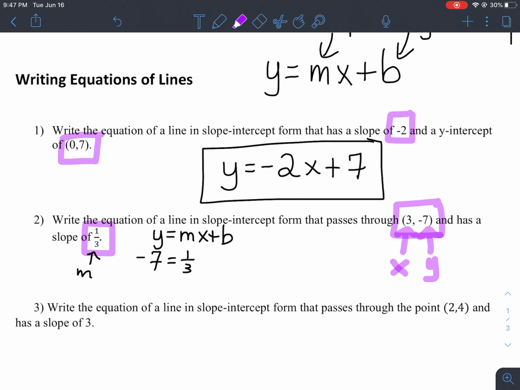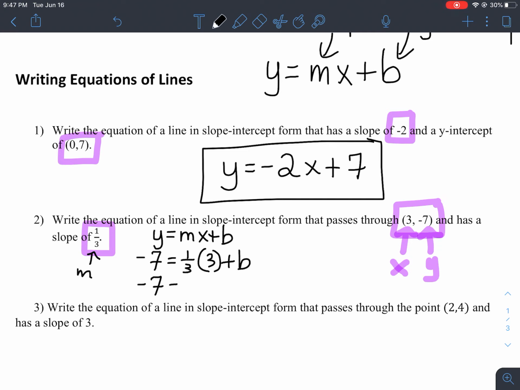Our x value is 3, so 3 goes in parentheses, and we don't know what b is. We're trying to figure out what b is. So I used x and y, and I used my slope. And again, the reason I'm doing this is because I was not given my y-intercept. If I was given the y-intercept, like in number 1, I would have just written the equation right away.